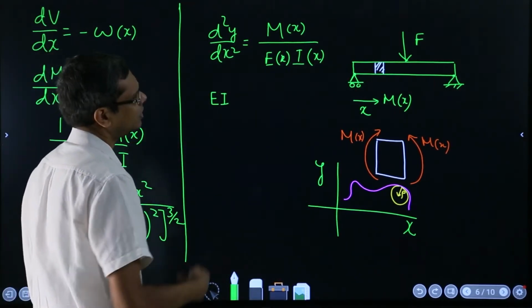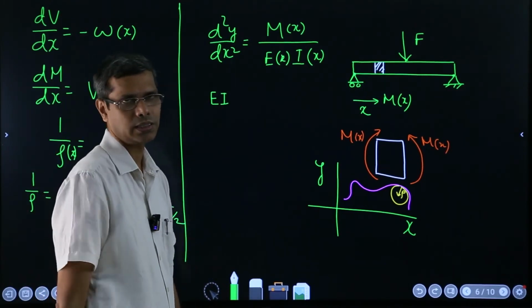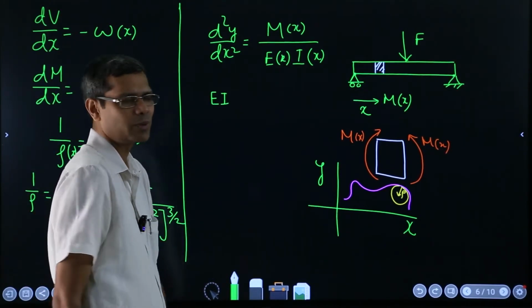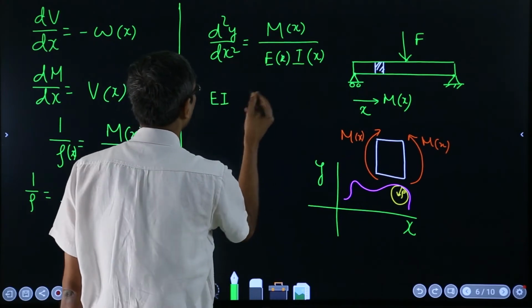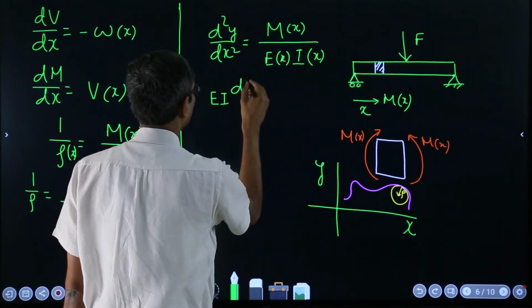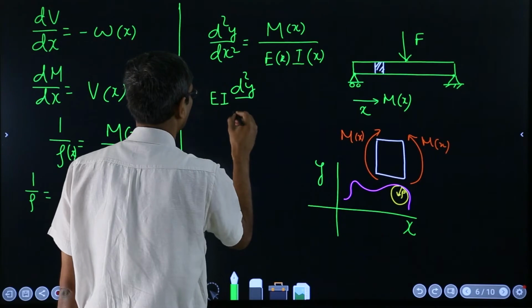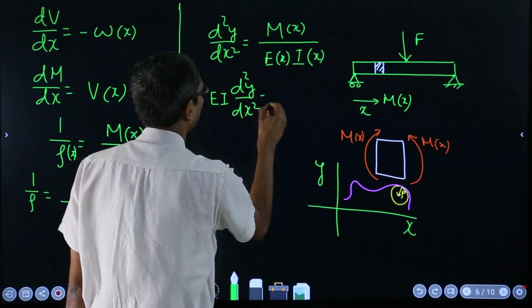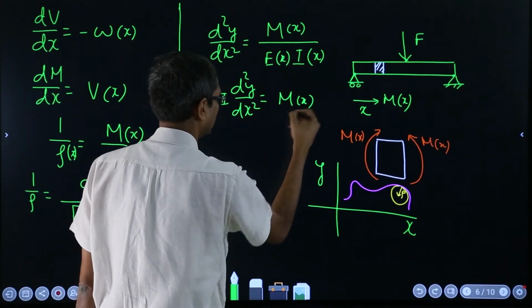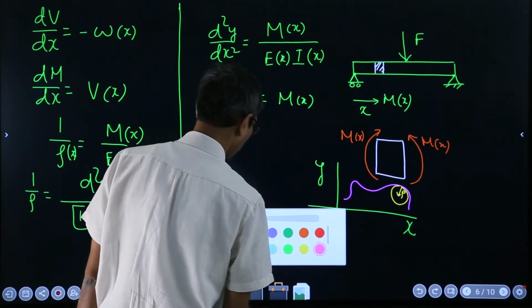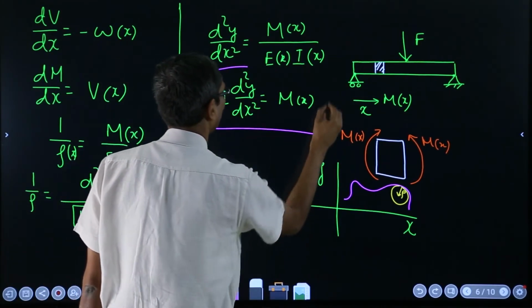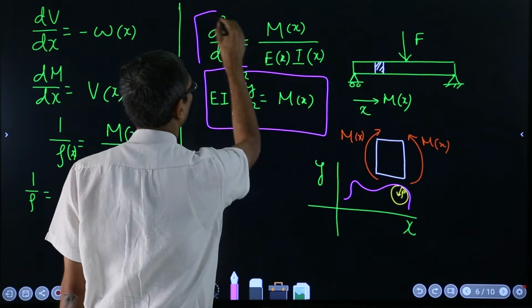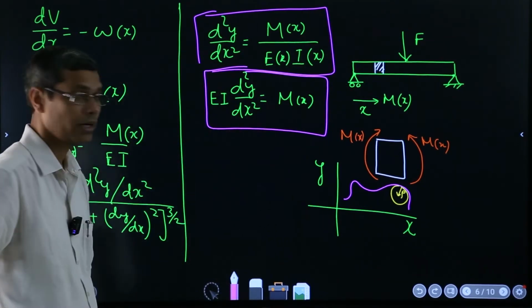But if I and E are independent of x, which will be most cases for your problems, the equation is written in this way, with M a function of x. But this is the most general form of the equation.